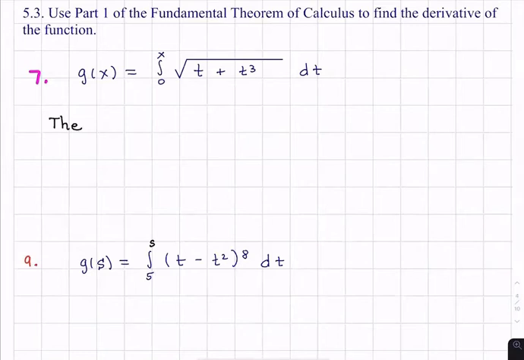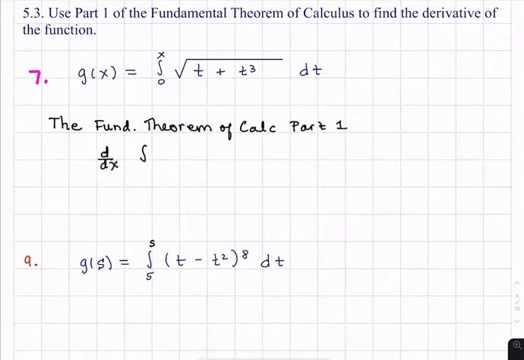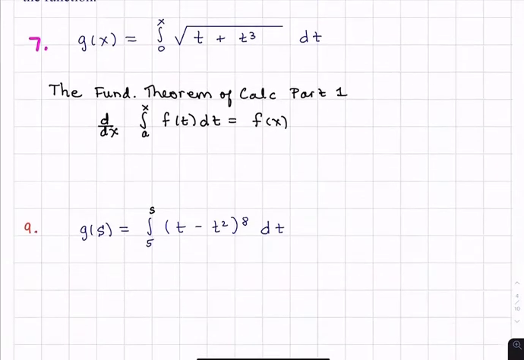So part one of the fundamental theorem of calculus says that the derivative of a function defined as the integral from a to x of f of t dt is equal to f of x. So that's what we're going to use here.